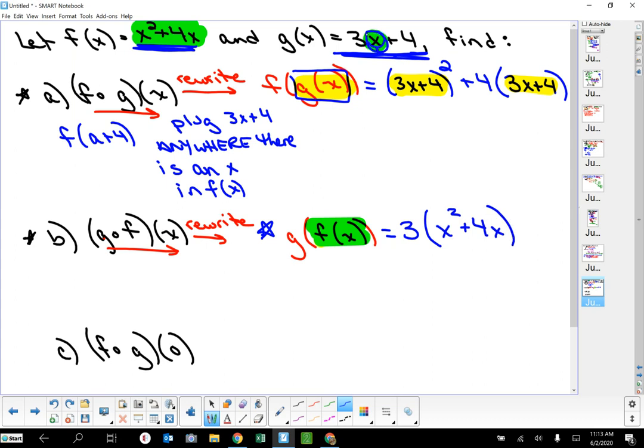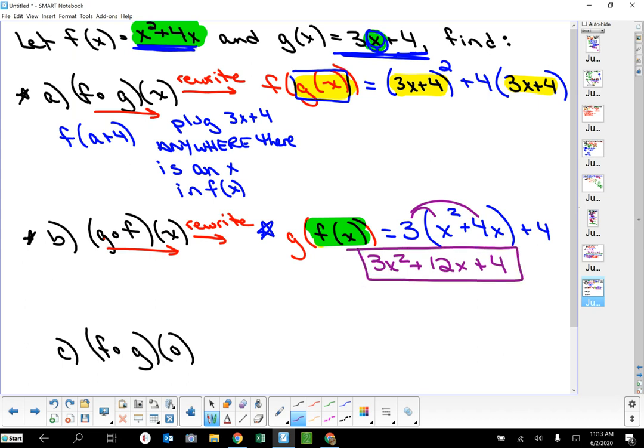And that's done with that, right? And then I have plus 4 on the end. And now you guys are just going to do the algebra. This algebra down here is much easier in this guy. So I'm just going to distribute. And then I don't even have to combine like terms. That is g of f of x.